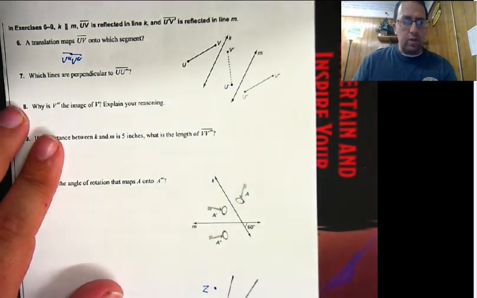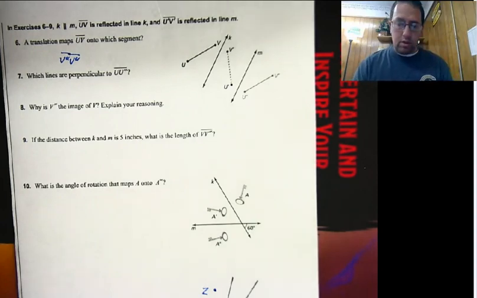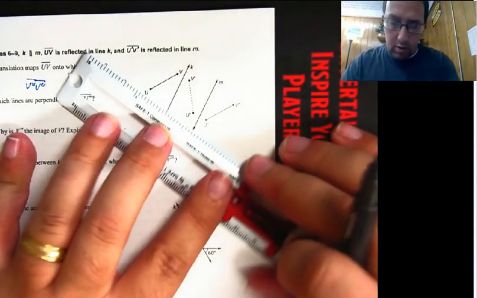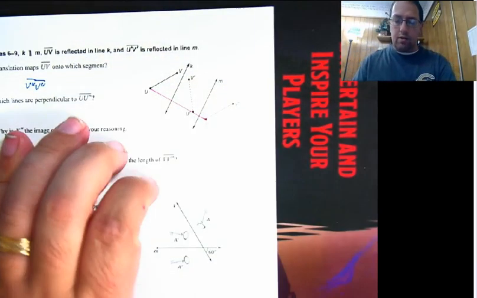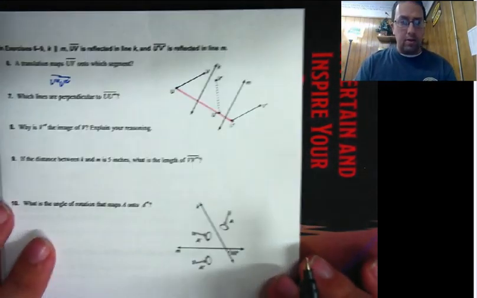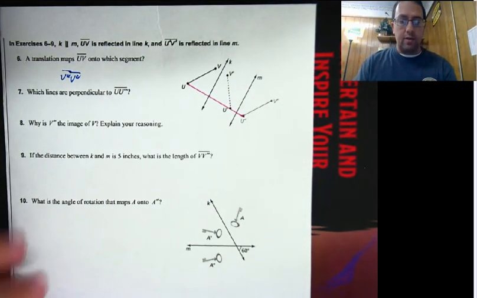So here's the question. Which lines are perpendicular to U prime prime? And it might help to draw in U prime prime. I want a straight edge here. So we're going from U to U prime prime, right there. That's the segment we're talking about. Which lines are perpendicular to that segment?